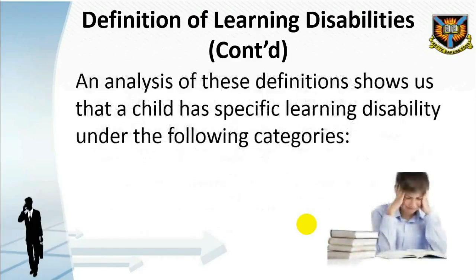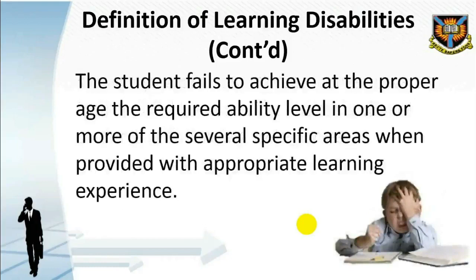An analysis of these definitions shows us that a child has specific learning disabilities under the following categories. 1. The student fails to achieve at the proper age the required ability level in one or more of several specific areas when provided with appropriate learning experience. 2.